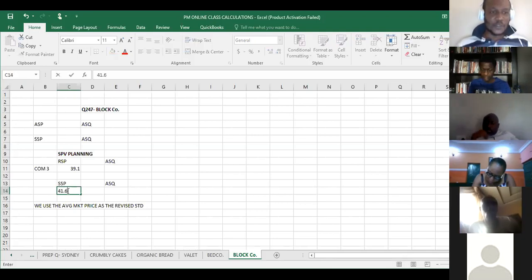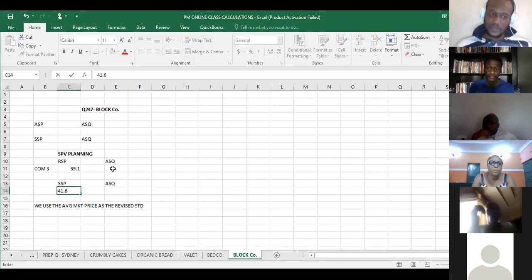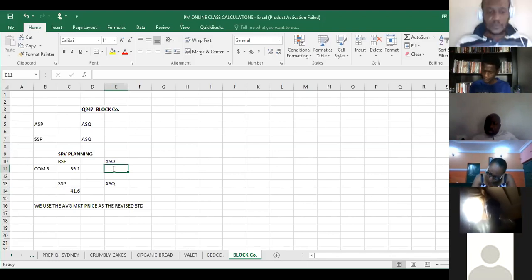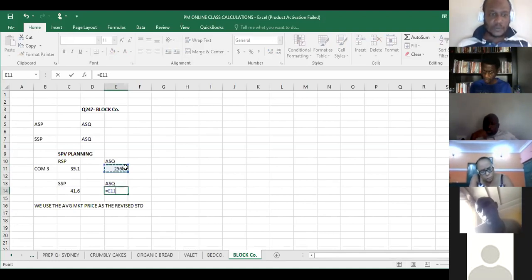Do you think that we should do it for commodity 1 so that we'll see that we have the same thing, or it doesn't make any difference? It doesn't make any difference. All right, so our actual sales quantity for commodity 3 is 25,600. So it's the same thing downstairs. So we have that, and with that, we're done.